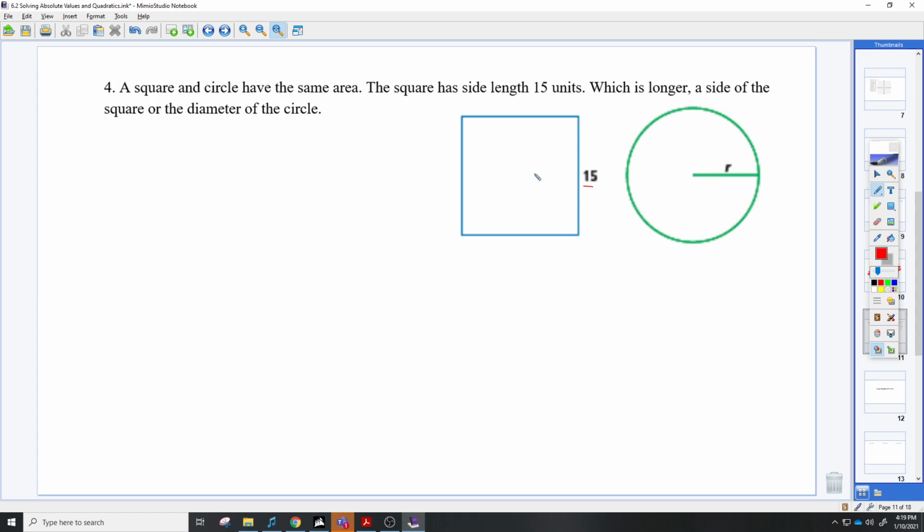Since they have the same area, big capital A, the area that the square takes up and the area the circle takes up are the same. So we can say area of square, write it out in words, equals the area of the circle.